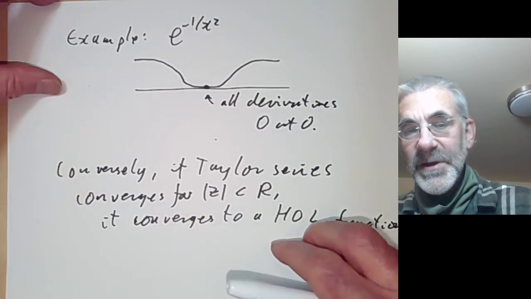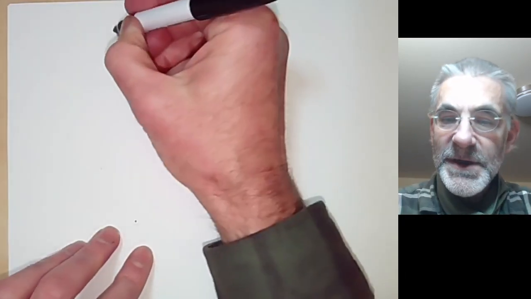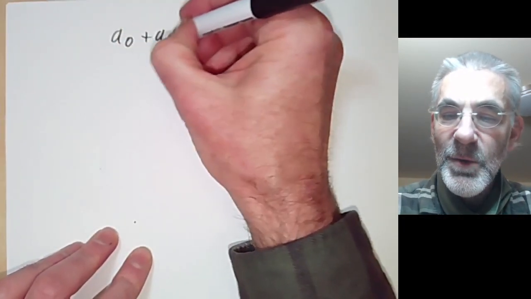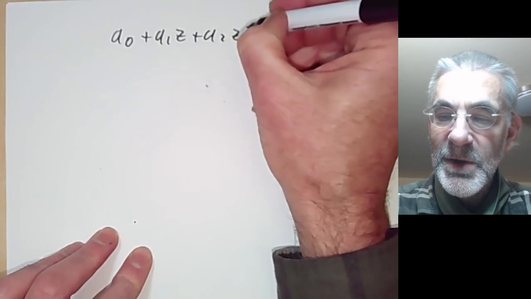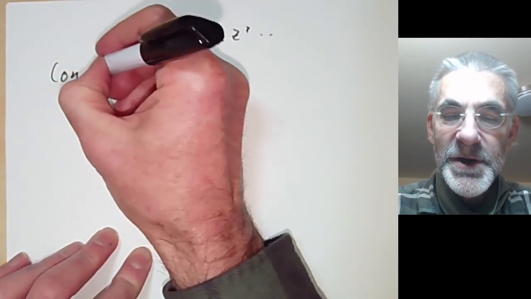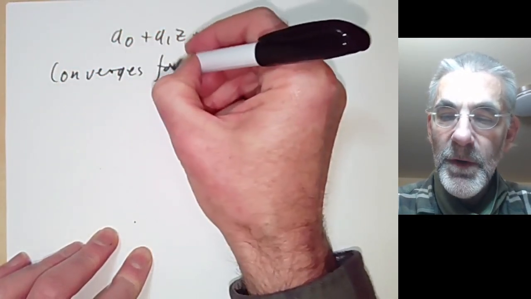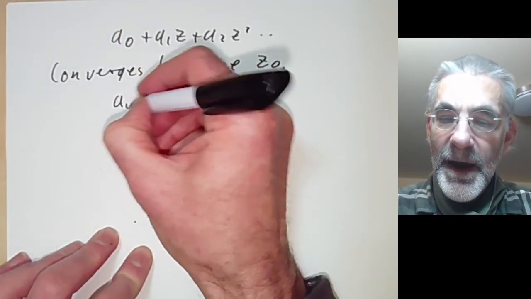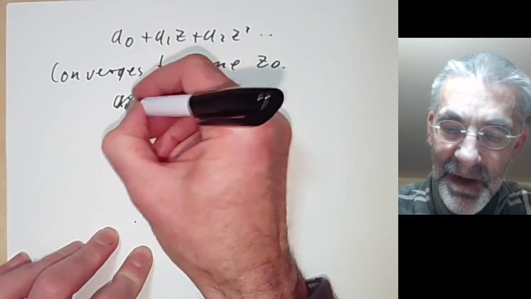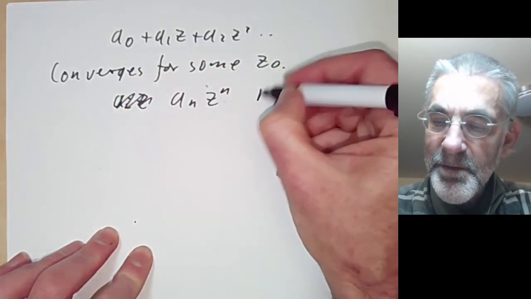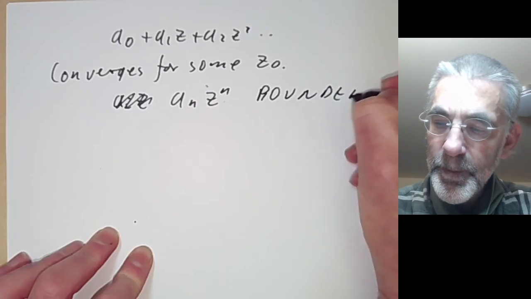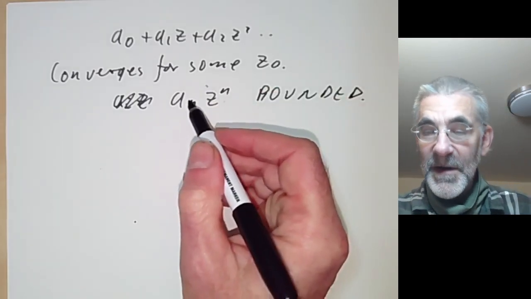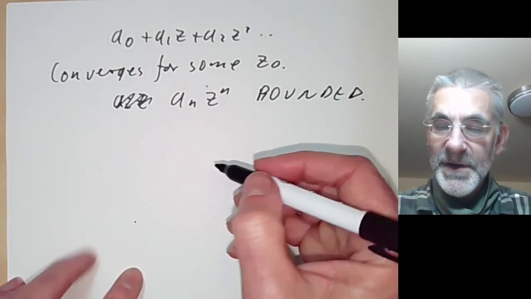By the way, I just better make a few comments about convergence of Taylor series. So suppose we've got a Taylor series, say a0 plus a1 z plus a2 z squared and so on. And suppose it converges for some value z0. Then in particular, a_n z0 to the n is bounded, because for a convergent series, its terms must be bounded.